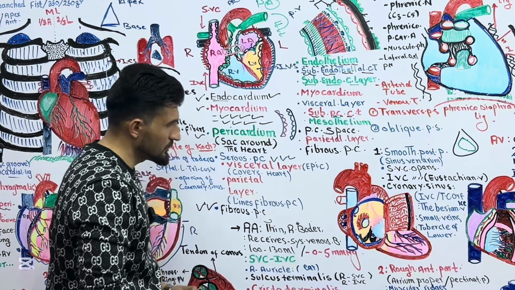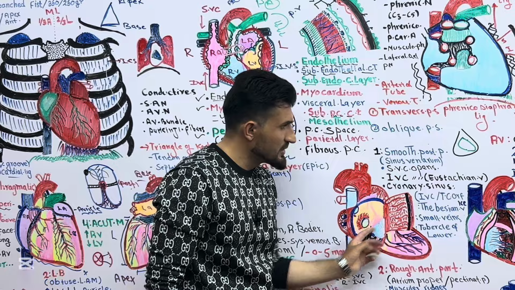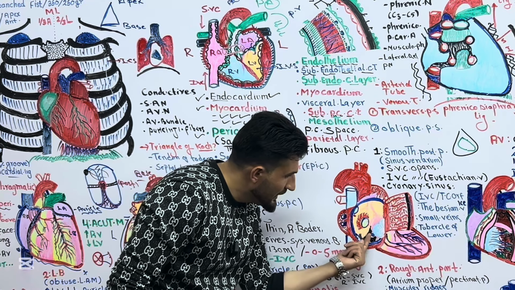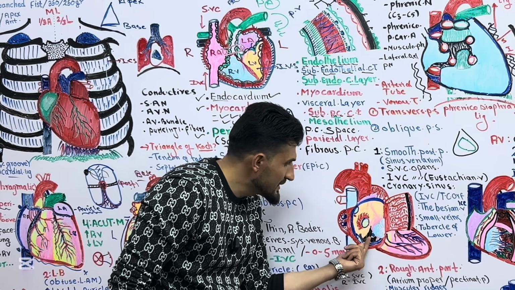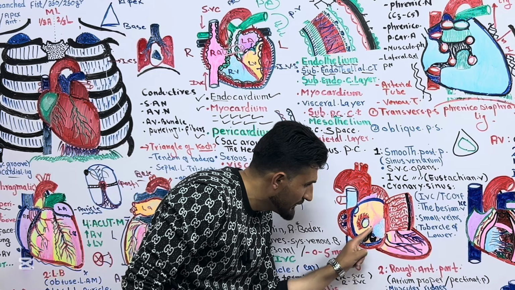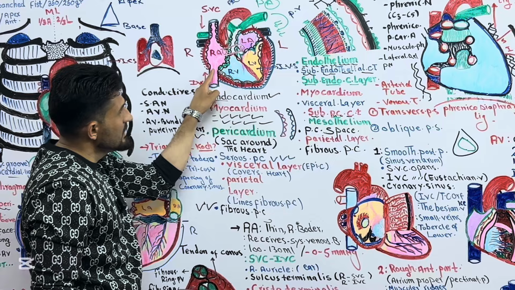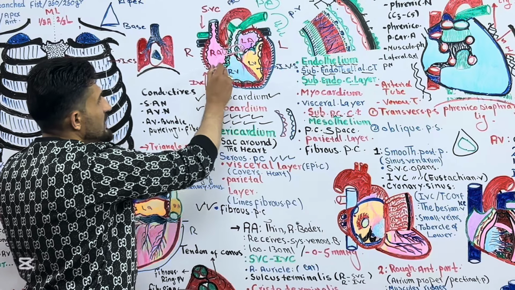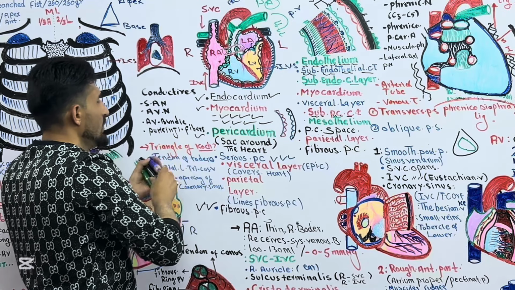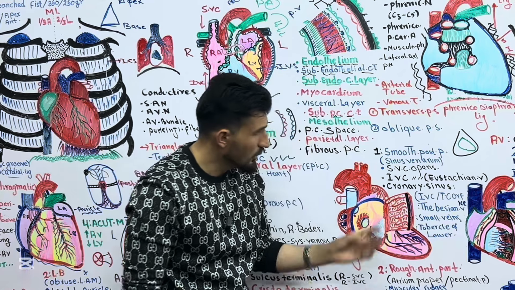So in the smooth part, the superior vena cava opens, and the inferior vena cava opens, guarded by the Eustachian valve. Here we have another opening, which is called the coronary sinus. This opening is between the inferior vena cava and the tricuspid valve. This is the tricuspid valve, this is the inferior vena cava, and at this point we have an opening for the coronary sinus.